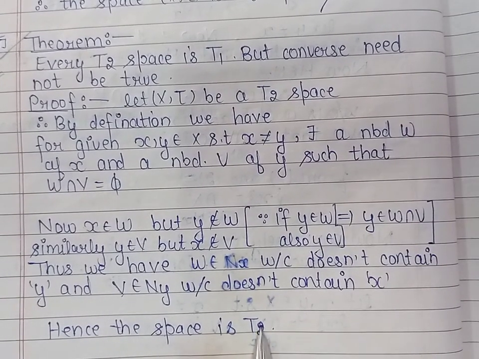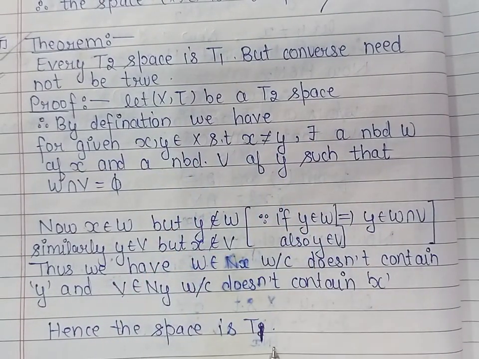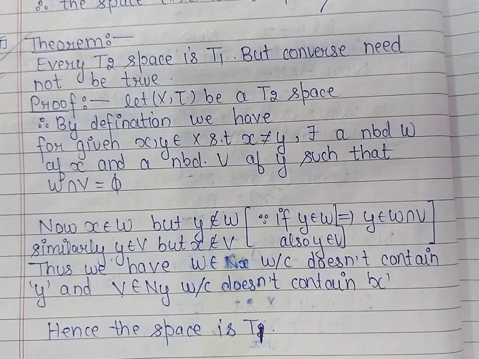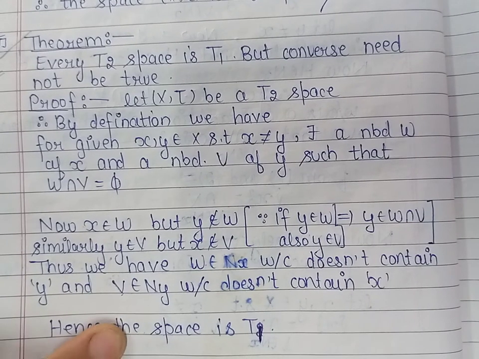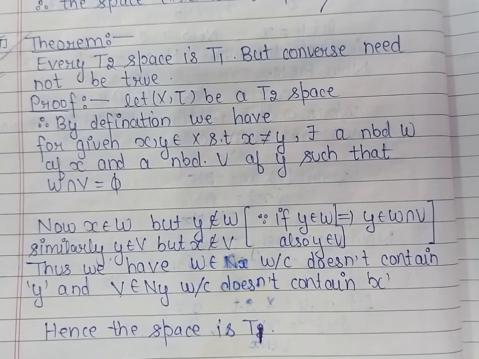So we have proved that every T2 space is a T1 space. Now we prove that the converse need not be true. So let us see an example of a space which is T1 but not T2.